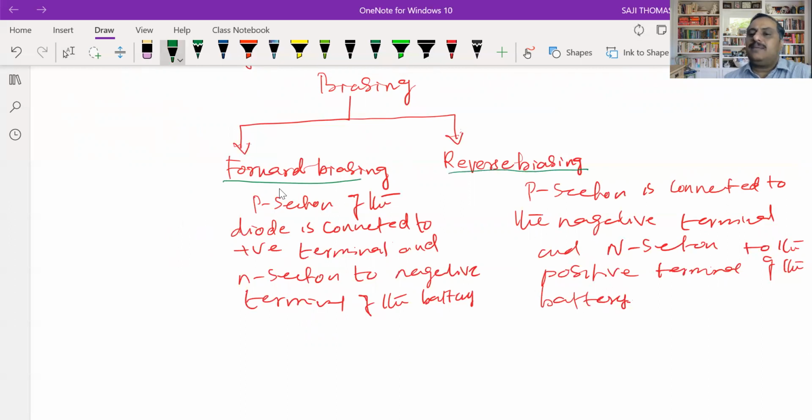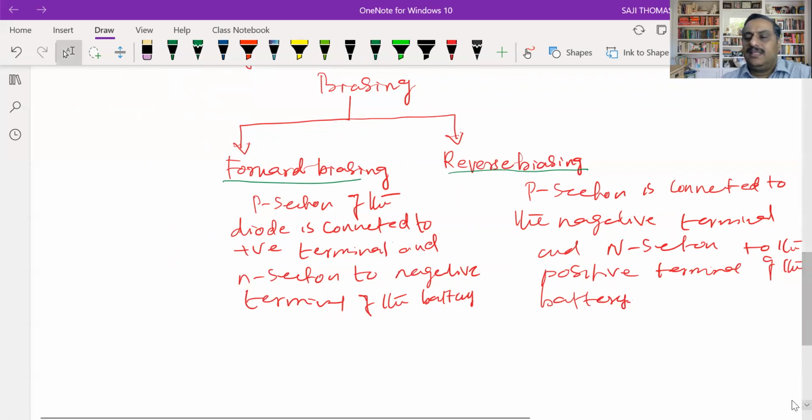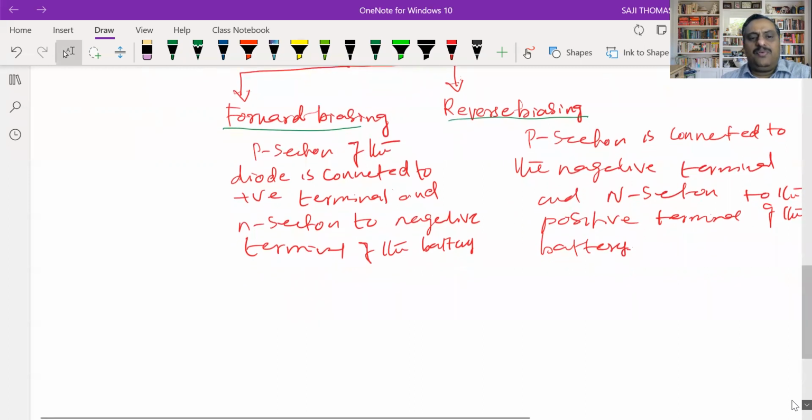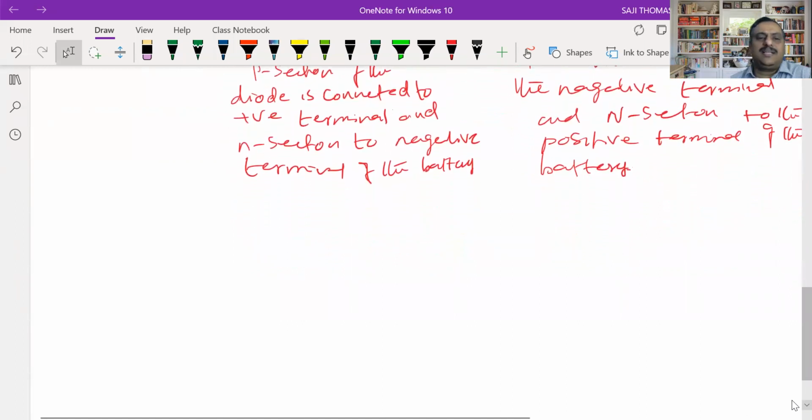Here P section is kept at a lower potential compared to the N section. These are the two types of biasing. And we will discuss what will happen during this forward biasing and reverse biasing. Okay. Now for forward biasing, I'm just writing a subheading, forward biasing.